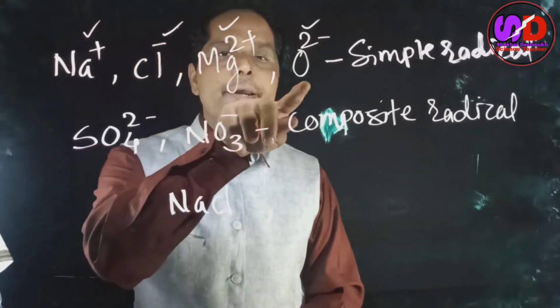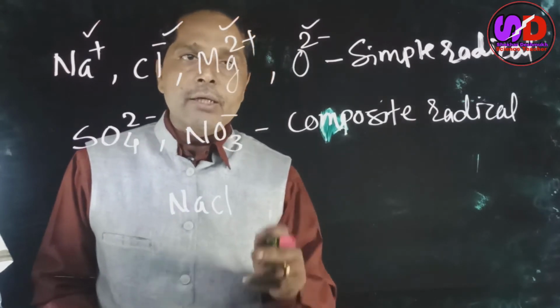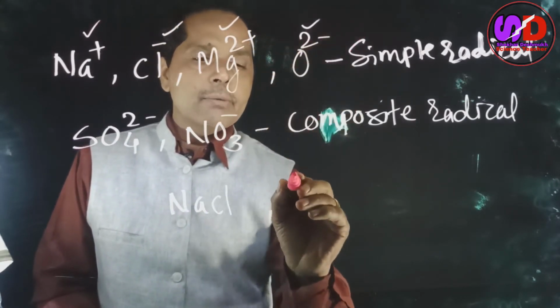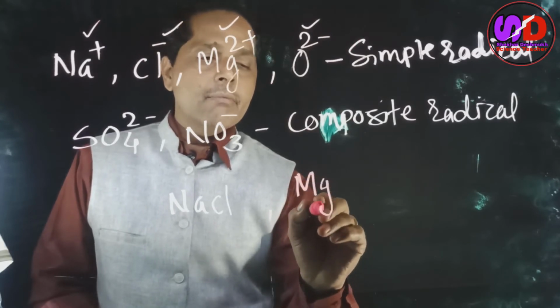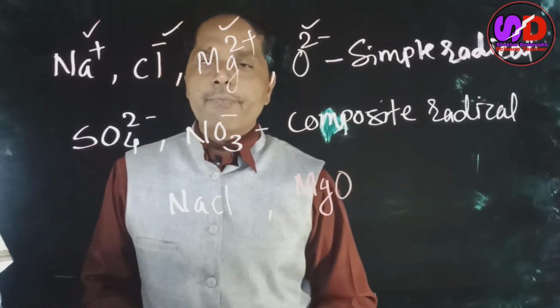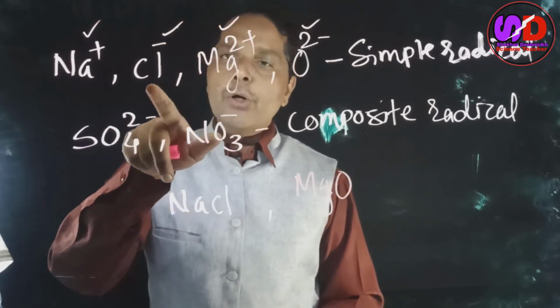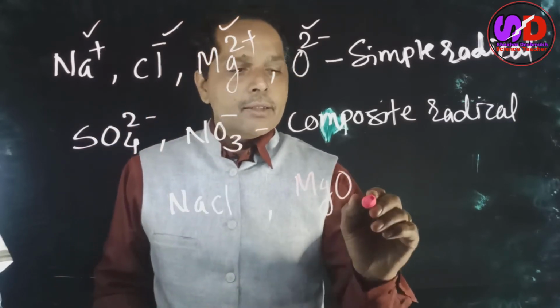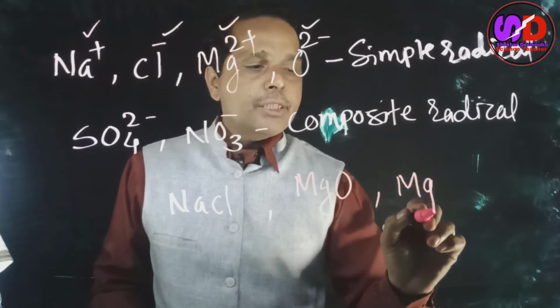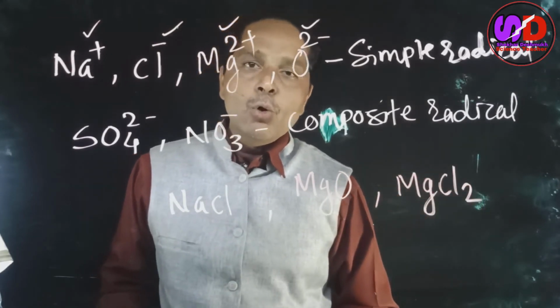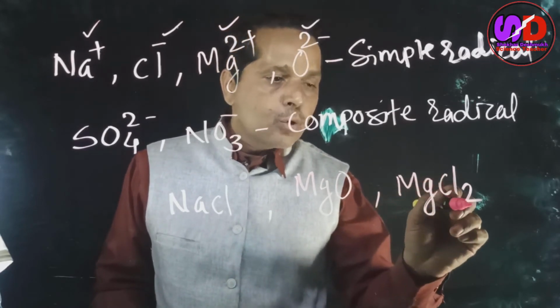Suppose magnesium and oxygen come close to one another. It has two valency, so simple magnesium oxide is formed. But whenever magnesium and chlorine come close to each other, MgCl2, magnesium chloride, is formed. Why 2 here?